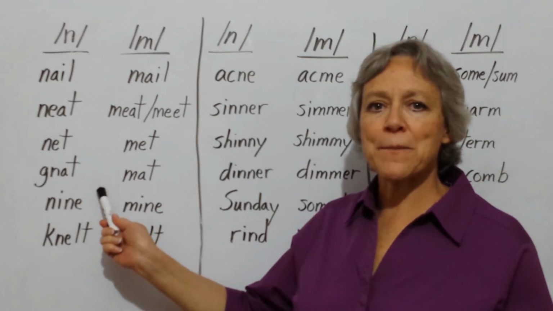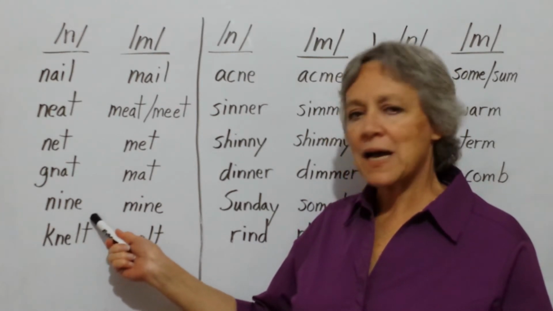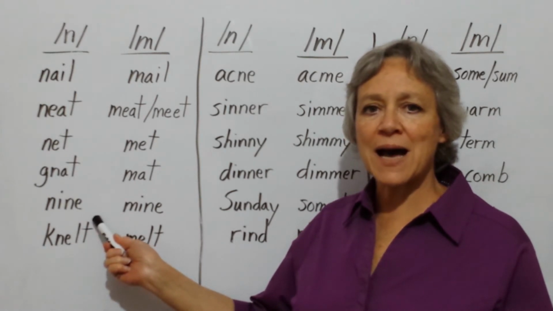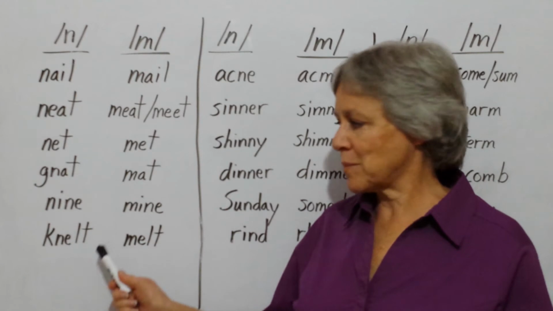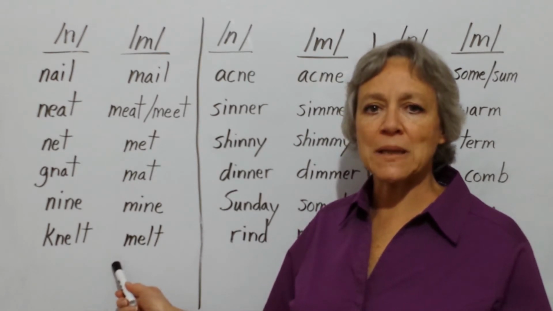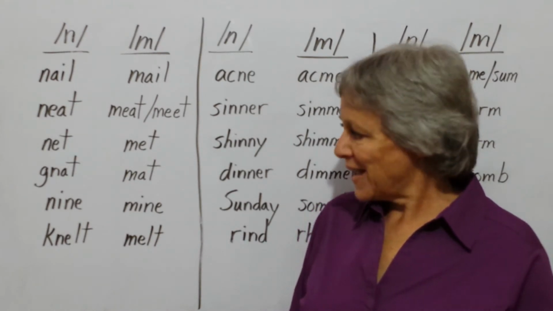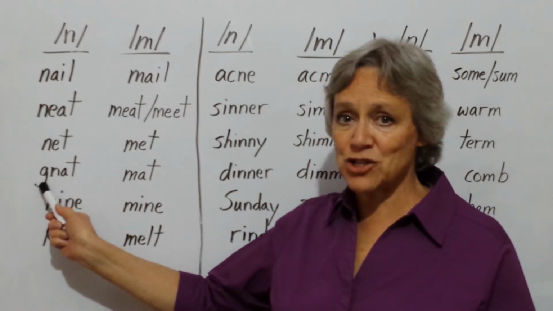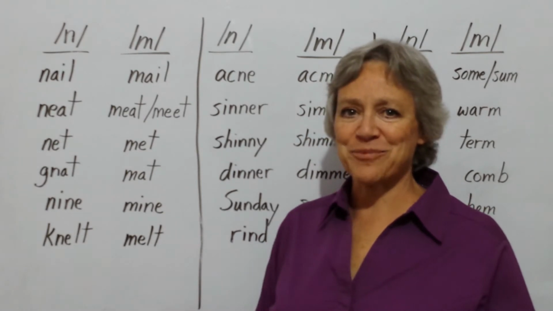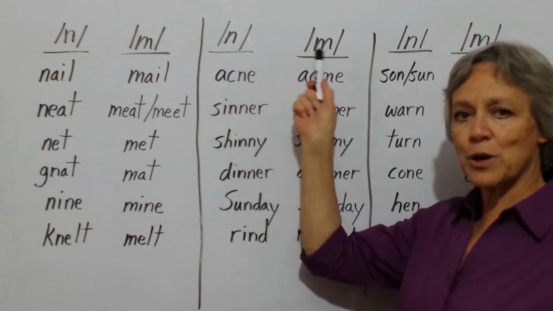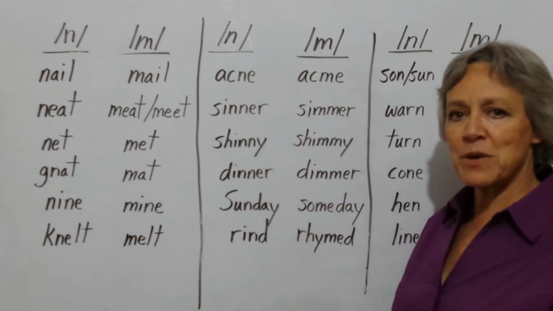Nine, mine. Knelt, melt. Okay? I'm sure I don't need to remind you that we don't pronounce the letter G or the letter K. Okay? Let's go to the second 2 columns where N or M are in the middle of the word.